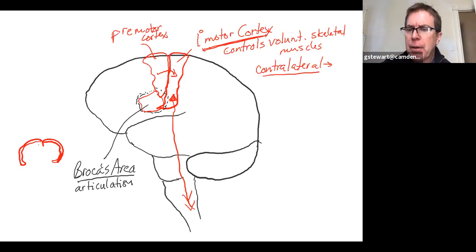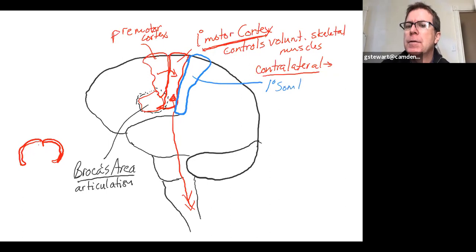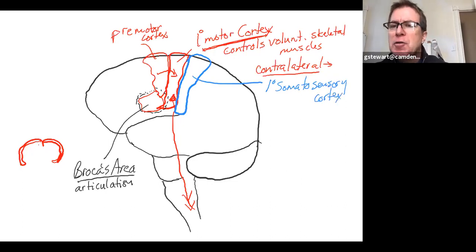Next, I'm going to do the primary somatosensory cortex, which is in blue. So I'm going to stick to the same colors as your book. This would be the primary somatosensory cortex. It is located just posterior.